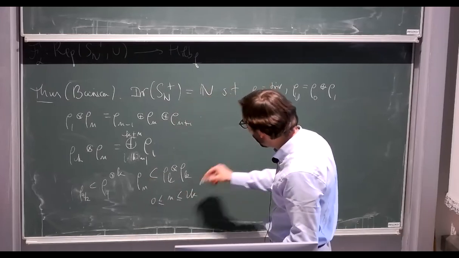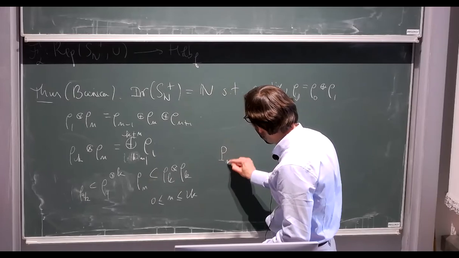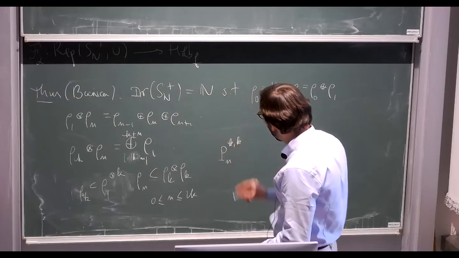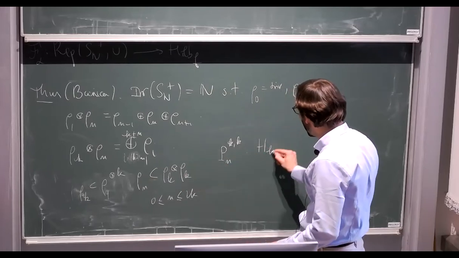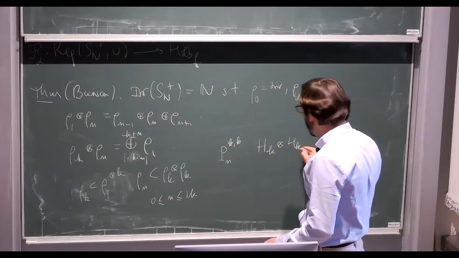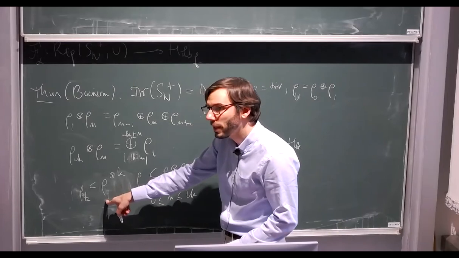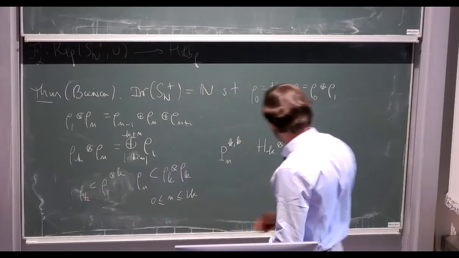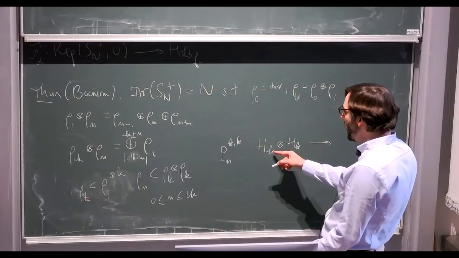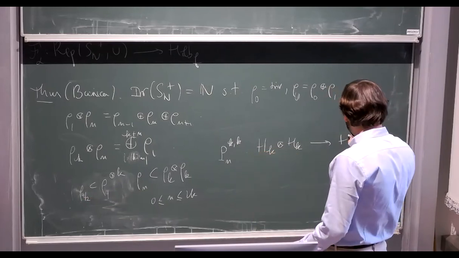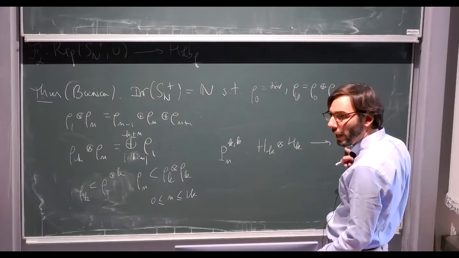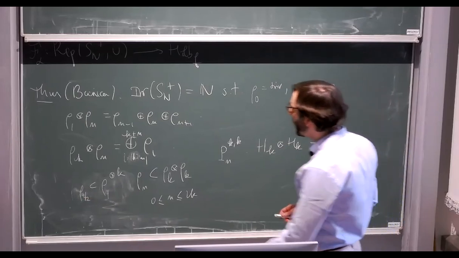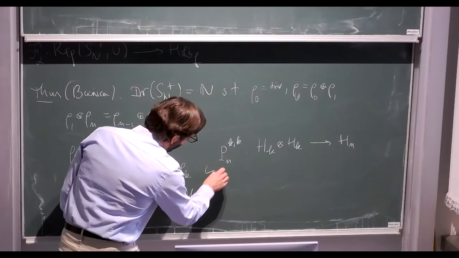Now I'm going to denote by P n k k the orthogonal projection from the Hilbert space on which this acts. I define it exactly as the subspace of C n tensor k corresponding to this one. There is a unique orthogonal projection onto a subspace of this, such that the restriction is rho n. And now here's the key lemma that we use.